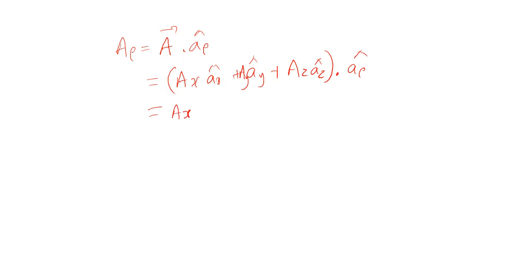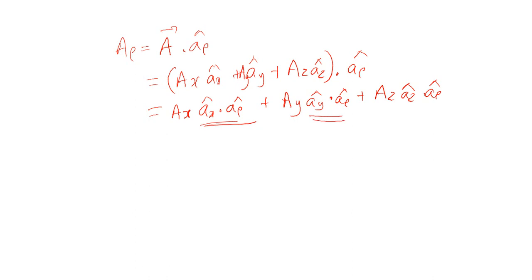So Ax cap dot ρ cap plus Ay cap dot ρ cap plus Az cap dot ρ cap. So I want Ax dot ρ cap, Ay dot ρ cap and Az dot ρ cap. What is the value of these three?